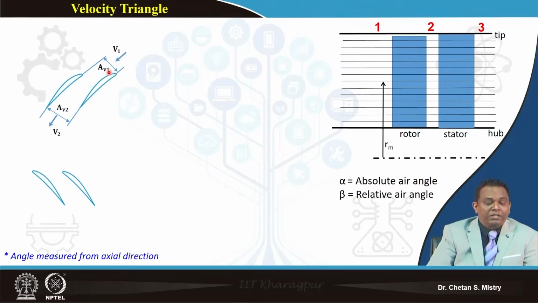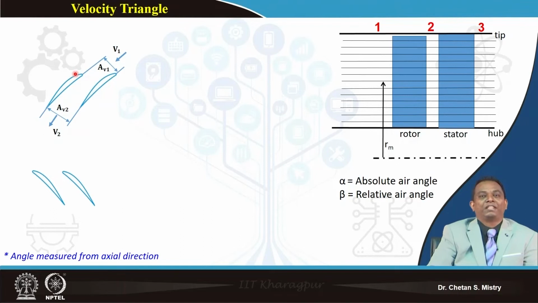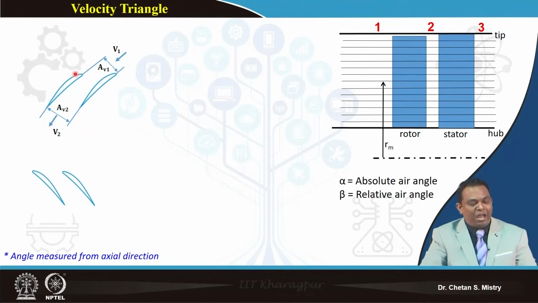Here, this represents the area at the entry of the rotor, and this represents the area at the exit of my rotor, and it will leave with velocity V2. Do not forget that the passage we make for our rotor, or even for the stator, is a diffusing passage. That is reflected: at the entry my area is lower, and at the exit my area is higher.